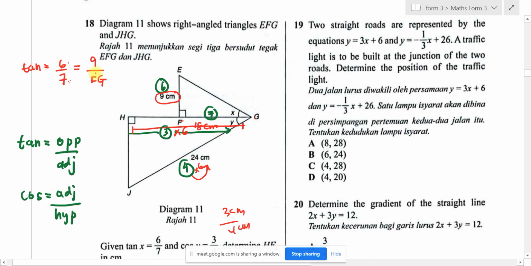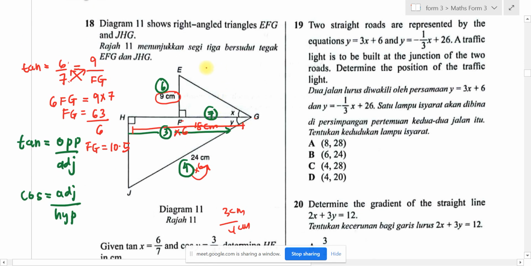Okay, so let us cross multiply this. 6FG equals 9 times 7. So FG equals 63 divided by 6. So FG equals 10.5.